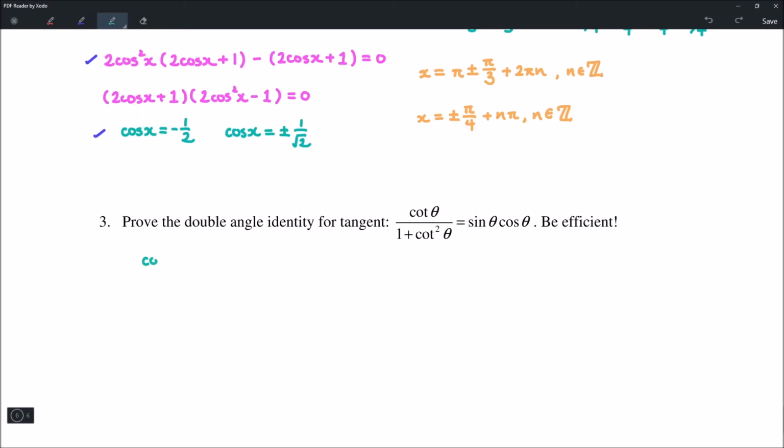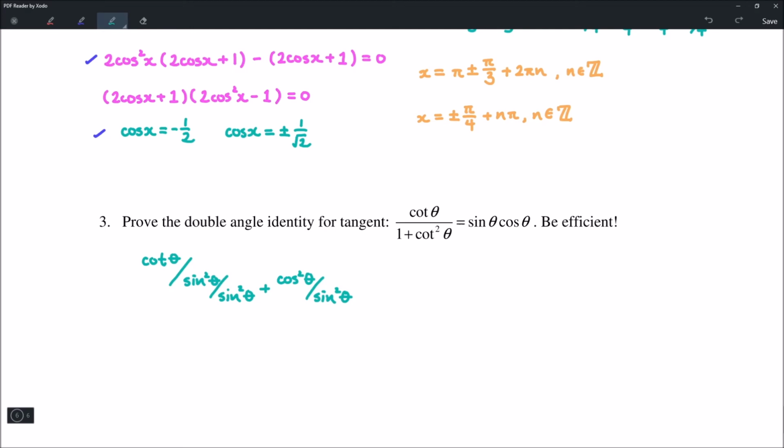So that will be, we have cotangent theta, and we're going to rewrite 1 as sine square theta over sine square theta. And then the second term is going to be, of course, cosine square theta over sine square theta, since we know using the quotient identity that is what cotangent square theta is equal to.